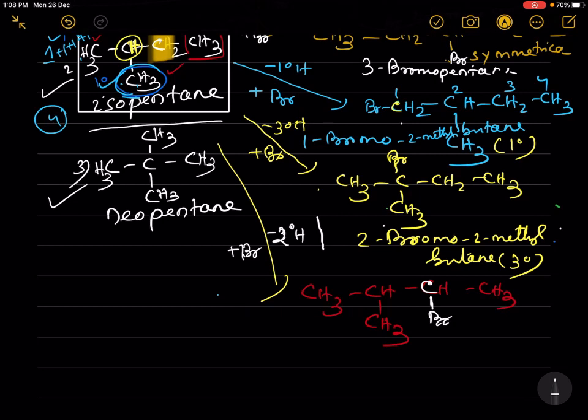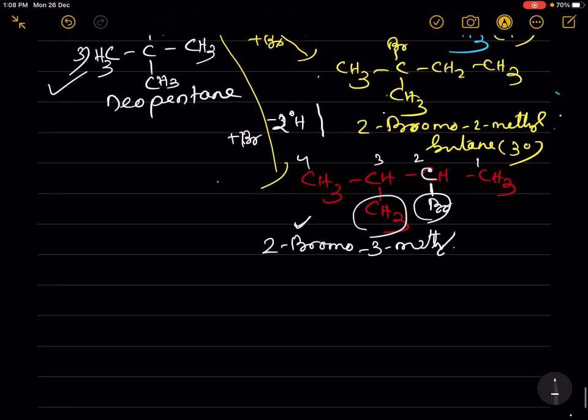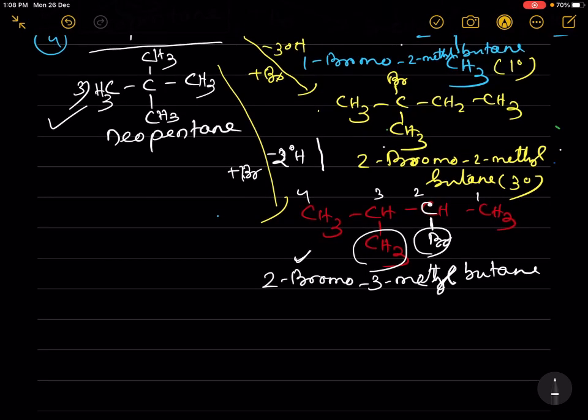And the name of this compound is 1, 2, 3, 4. Sorry, this is 3-methyl. So 2 bromo. Why 2 bromo? B comes alphabetically first, then 3 methyl. 2 bromo 3 methyl butane.